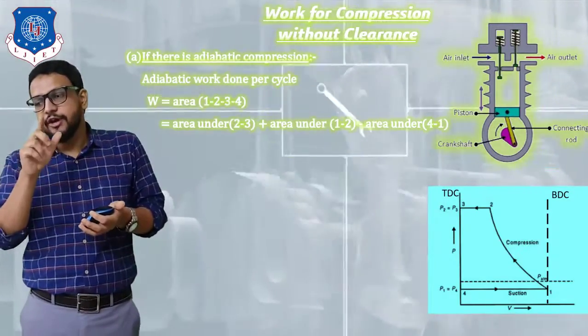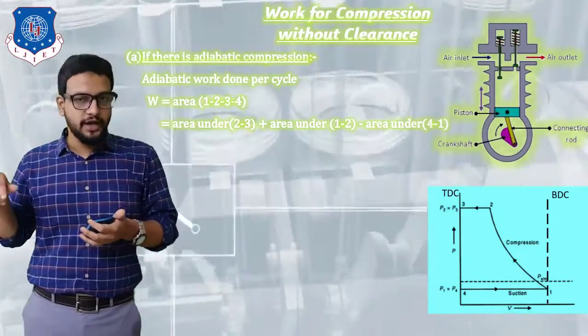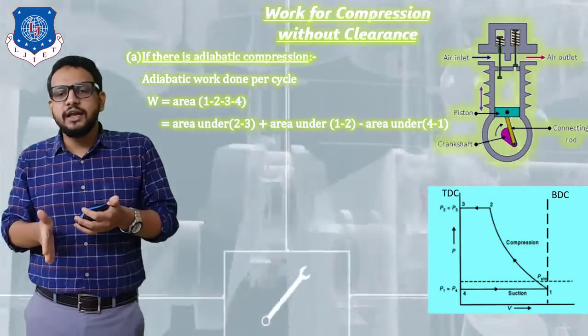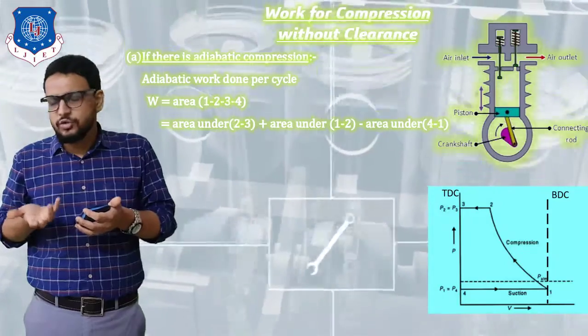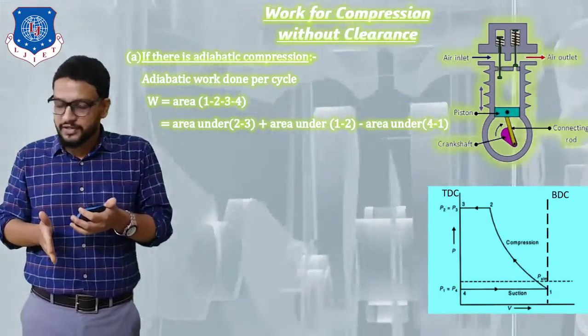This I have represented on a PV diagram. You can see the pressure versus volume diagram. TDC I have shown at zero volume, indicating that this zero volume represents the cylinder head, and since there is no clearance volume, we can represent it by our top dead center.